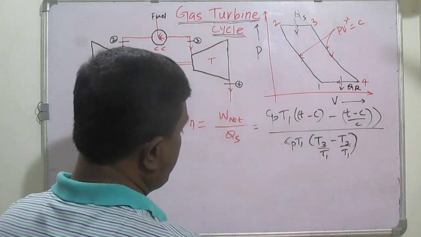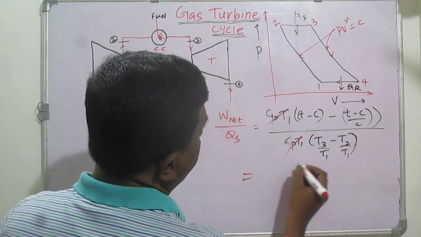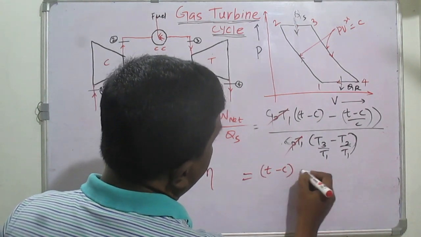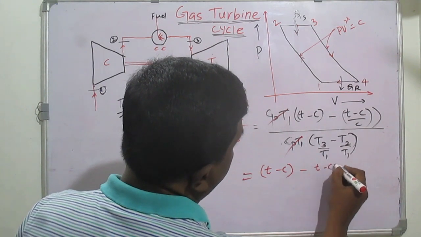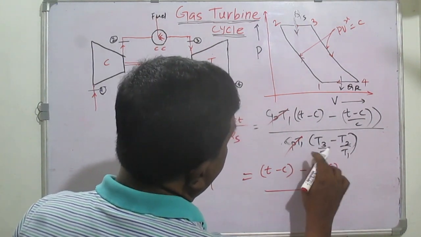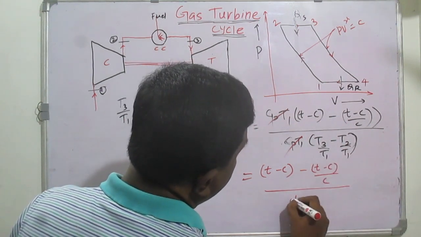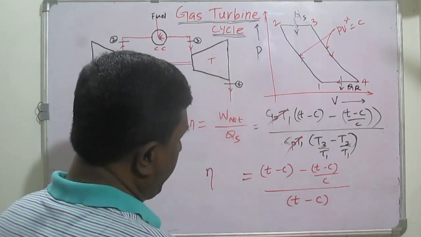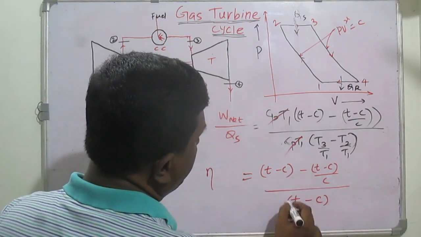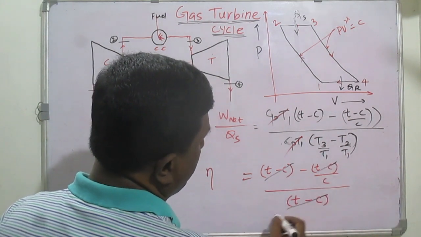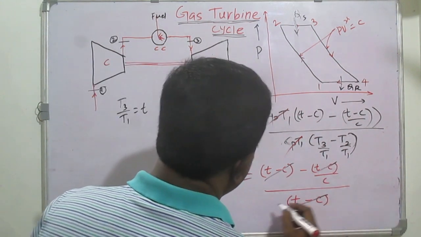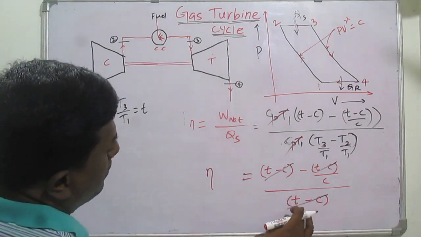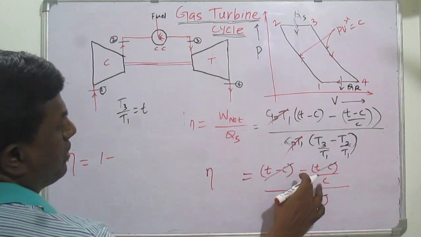The efficiency is now T minus C minus T minus C by C, whole divided by T3 by T1, which is T, minus T2 by T1, which is C. Now we can cancel this in the numerator and denominator, and the result becomes efficiency equal to 1 minus 1 by C.